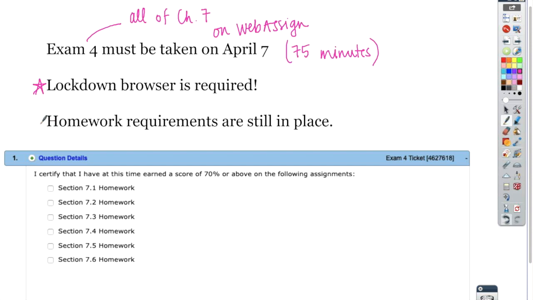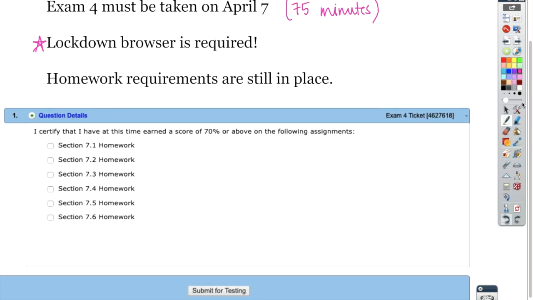All the homework requirements are still in place. So before you can open the assignment that's called exam 4, you'll have to open the exam 4 ticket. This is in your list of assignments right now. And this is basically the same exam ticket that you would submit in class. So you'll just say, I certify that I've earned a score of 70% or above, and you'll just check all of these things on WebAssign.